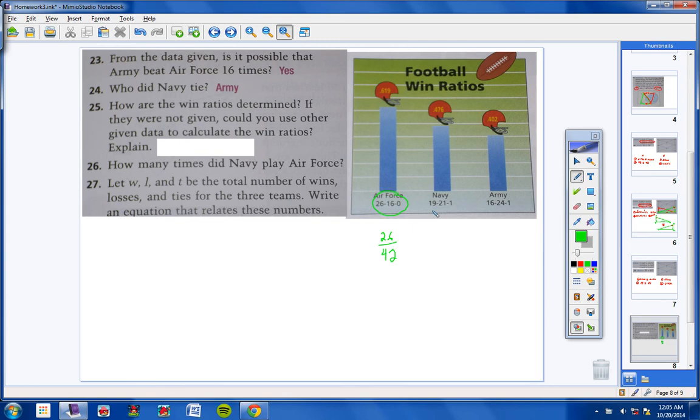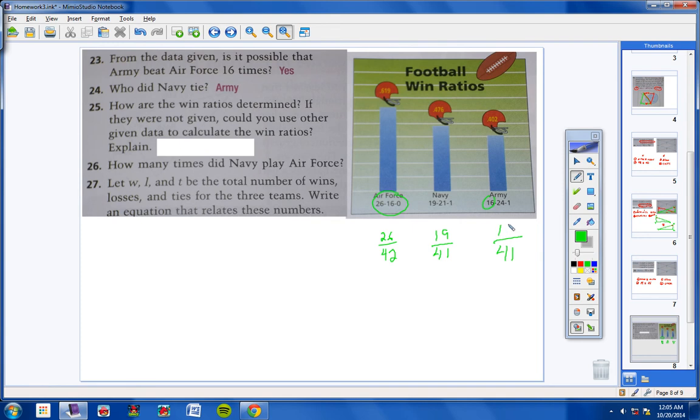Now over here, if you add up all of these games here, you will see they played a total of 41 and they won 19. So if you take 19 divided by 41, you will get the win ratio, okay? And then over here, if you'll notice, they played 41 games also, and so they won 16.